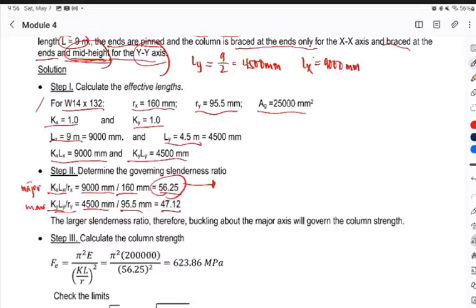So larger slenderness ratio, therefore buckling about the major axis will govern the column strength. Okay. So magbabuckle siya possibly along the major axis or along the x-axis, not in the y-axis.